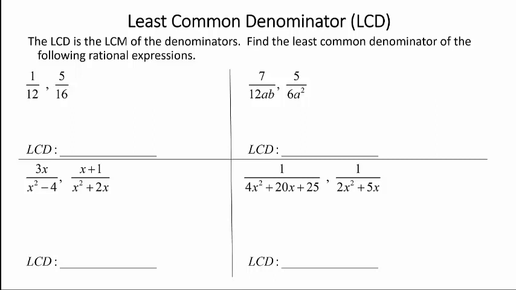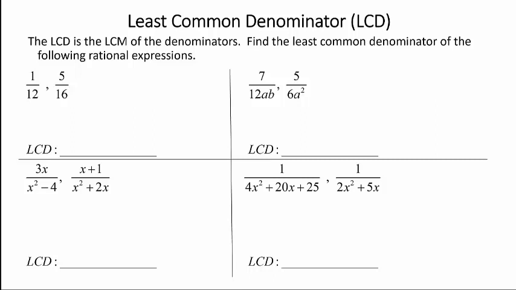So for 1/12 and 5/16, we have to find the lowest number that both of those numbers will divide. Sometimes if the numbers are small enough, you can just think about that in your head: what's the first number that's a multiple of 16 and also of 12?